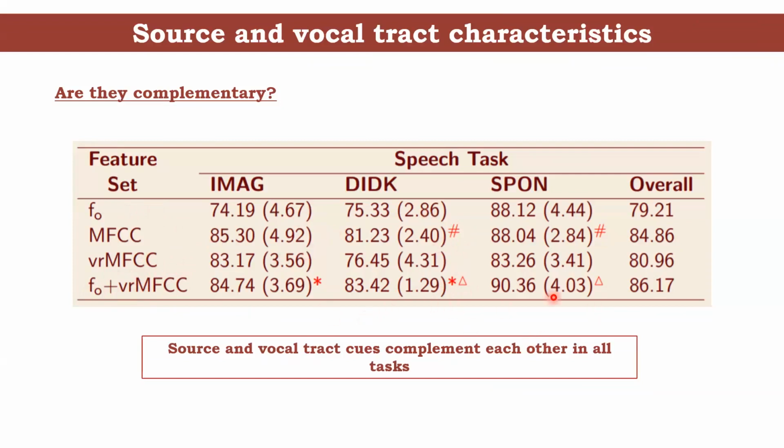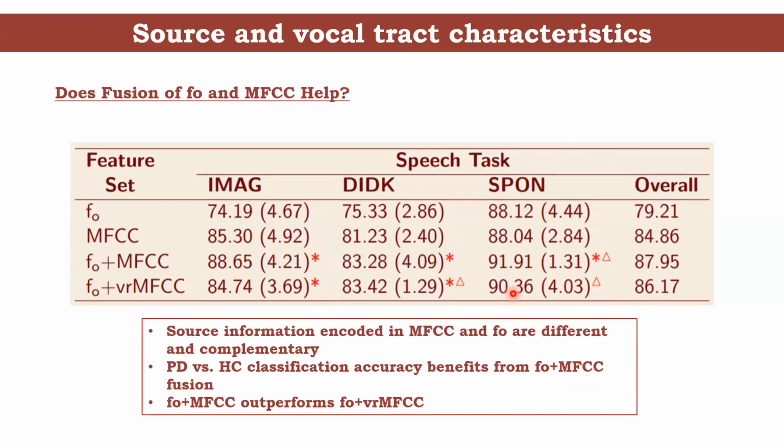As you can see, the highest performance came at 90.36 in spontaneous again, with the presence of pitch. You see, only pitch gave 88, and this is a little more than that. So pitch with something from the vocal tract actually does really well. So they are complementary. We did various other kinds of fusions and established that they are complementary for almost all the tasks. I'll just move on for the sake of time.